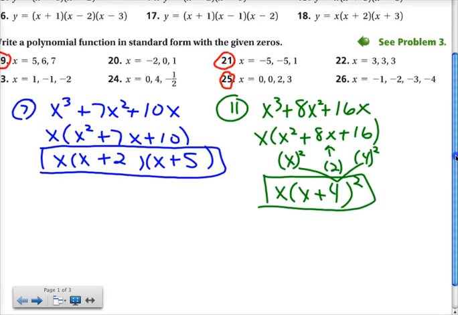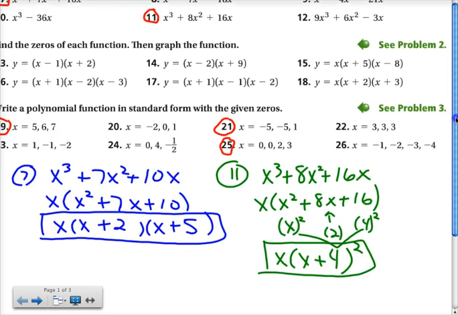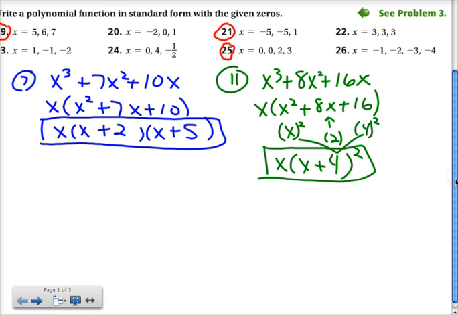All right, the next one is number 19. In 19, we are going to write a polynomial function that has zeros of 5, 6, and 7. So I remember that these always come from a factor, which means in the parentheses it was x minus something, and when you set that equal to 0, you get a solution that tells you what would make your parentheses equal to 0.